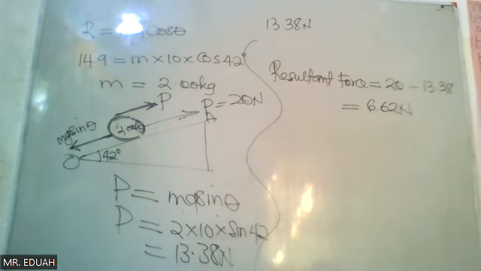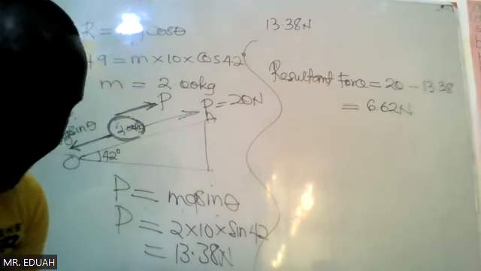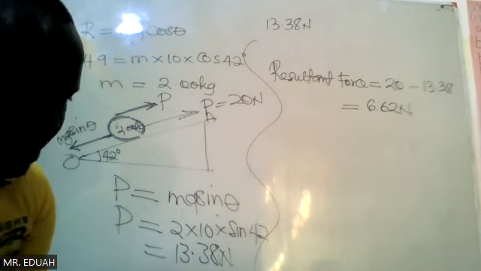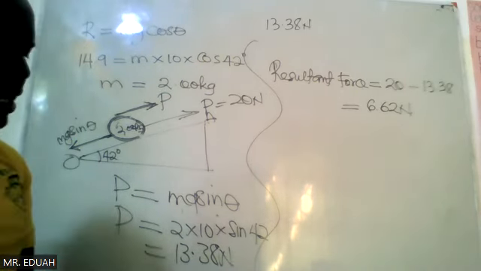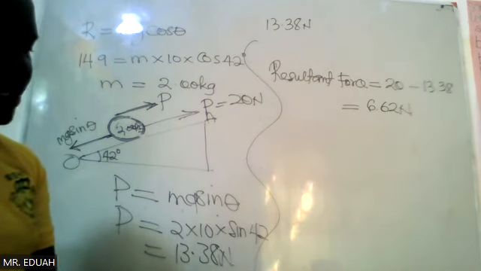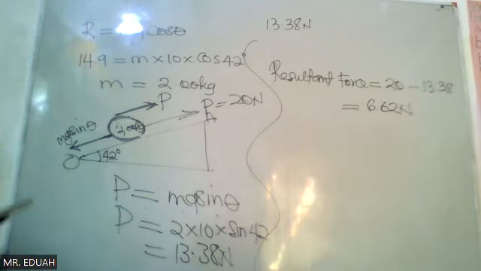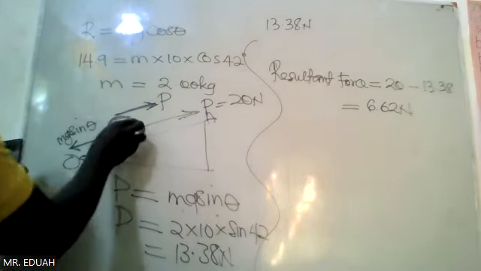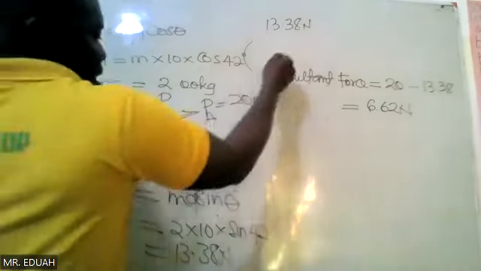You see, the question is saying that if the parcel is pulled up the plane by a force of 20 Newton parallel to the plane, we have this time around this parcel, which is the mass, being pulled up the plane.